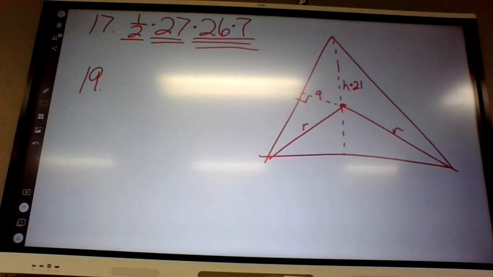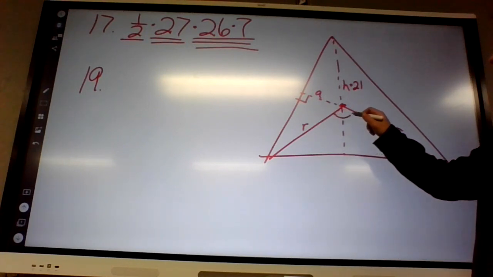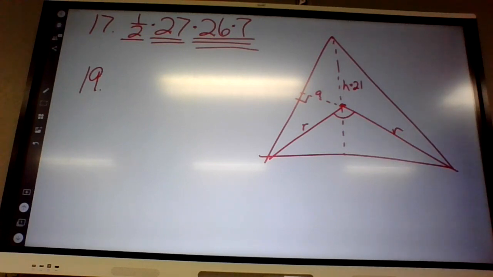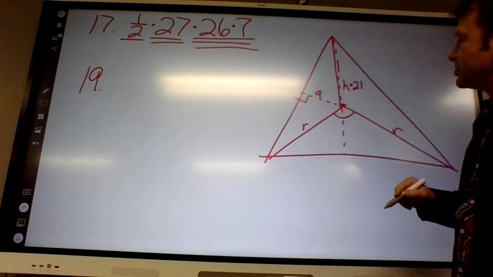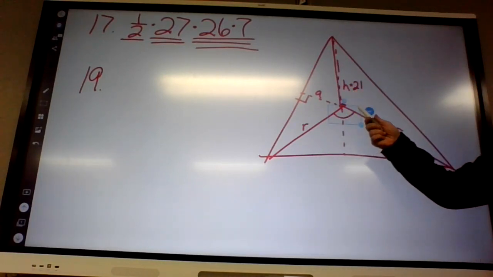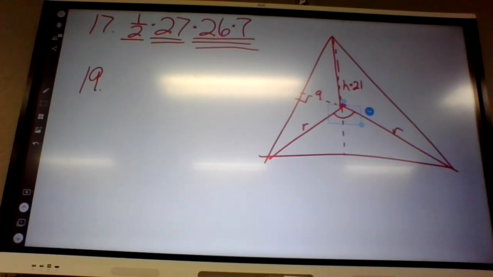Okay. I just realized what we have to do. We have to figure out what one of these angles is right here. This would be another radius there. So what is just one of these angles if we're splitting a triangle into 3 central angles? 90? No, 180? No. It's 1/3 of 360, but I don't know what that is.